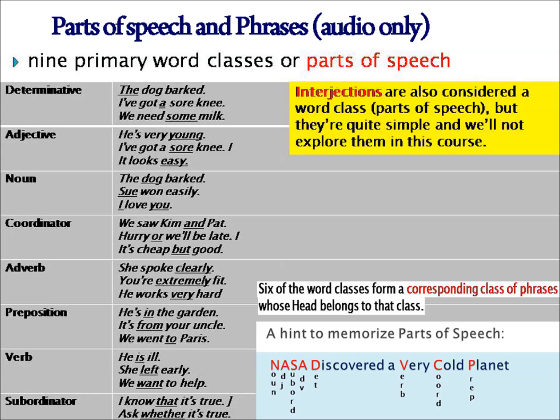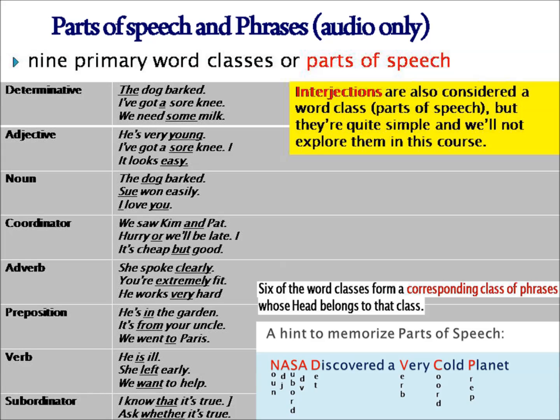All of these elements here, a sore knee, a sore knee is a noun phrase. Don't worry, we'll define noun phrase in no time. And if it's a noun phrase, the head of this phrase we suppose is a noun, okay?